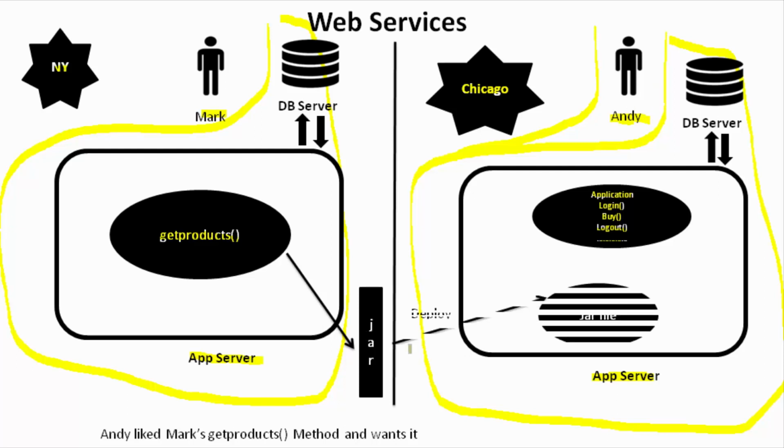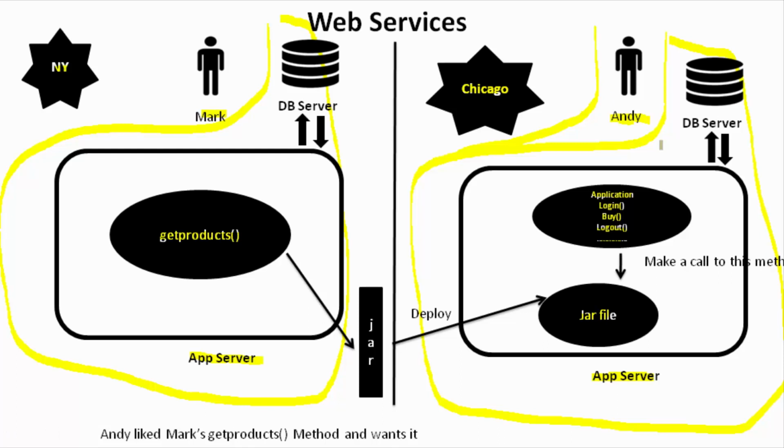Now Andy can deploy that jar file on his own app server, which then contains this get products piece of code. His application, which contains all the other services, will make a call to the get products method if required.